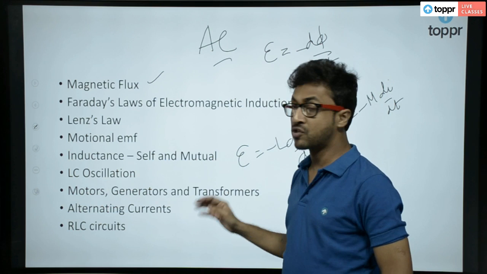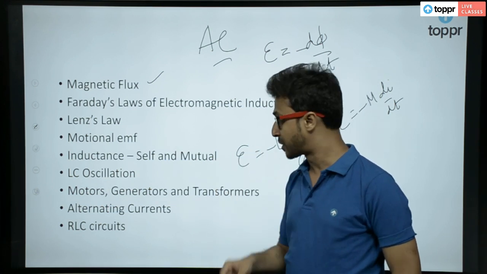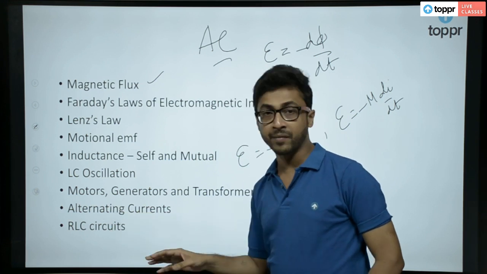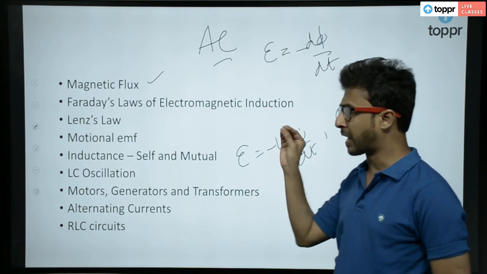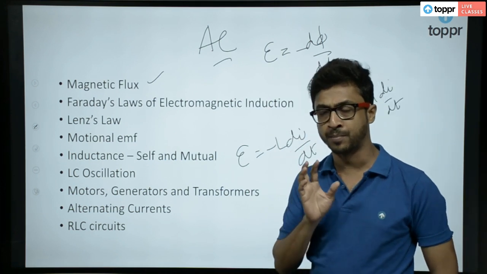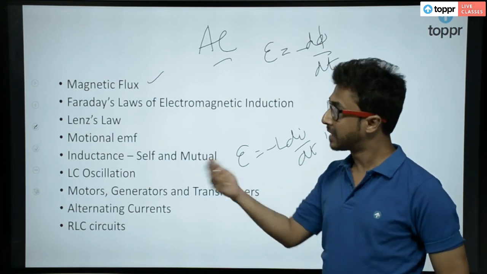Motors, generators and transformers: you need to know the basic structures, the formulas and the functionality of each part. Alternating current, RLC circuit. So let us start with the problems. For NEET, very simple problems come by direct application of formulas and graphs. Let us see.